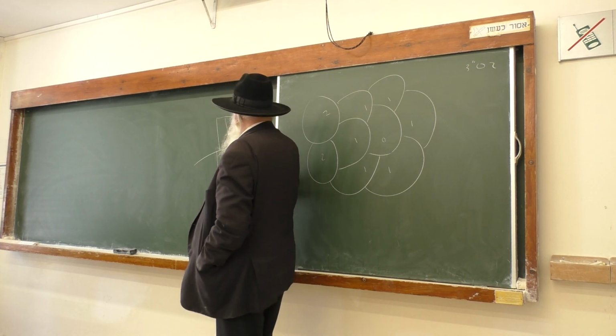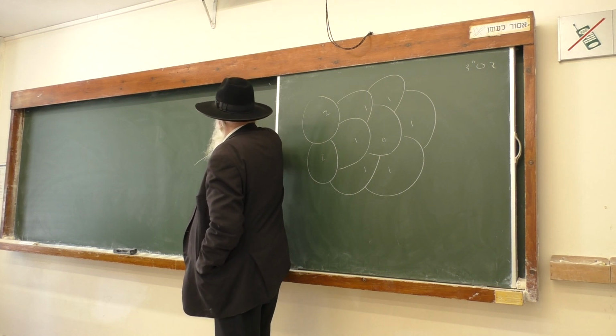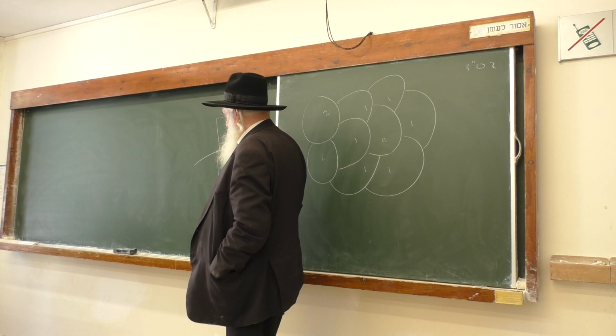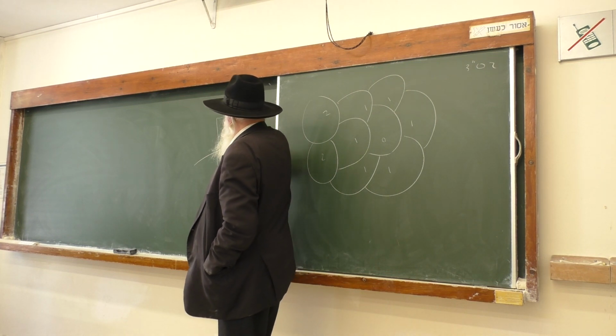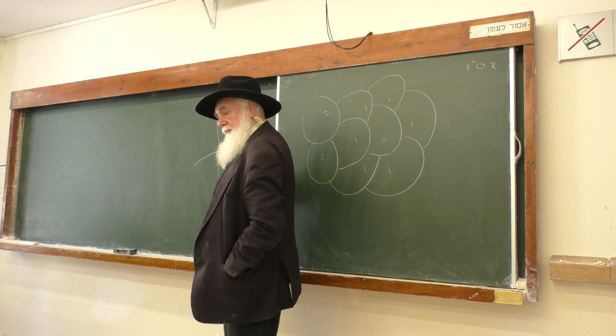In any case, this is the part of the boundary without 4 neighbors.